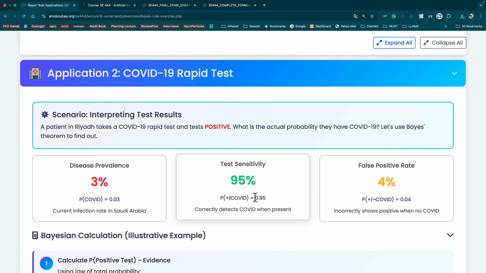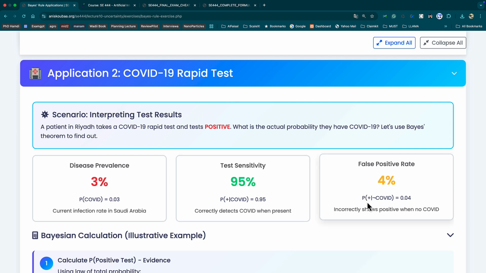So it's given as 0.95. And here, we also give the other likelihood for non-COVID. This is the false positive, the probability of positive given it's not COVID. Some people do not have COVID and they get a positive test. This is a sensor, and this sensor can have errors.